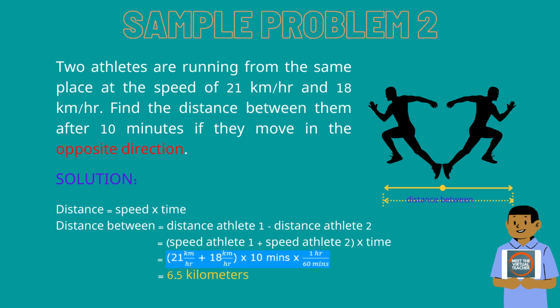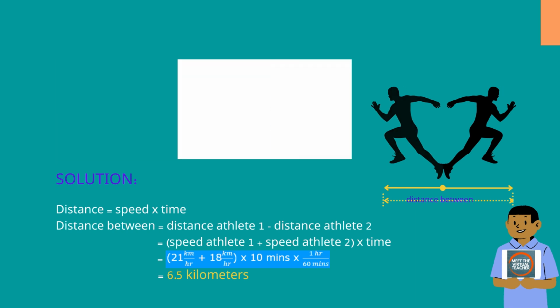So it will be equal to 21 kilometers per hour plus 18 kilometers per hour times 10 minutes times 1 hour over 60 minutes, converting again to hour since our unit is in hour. This will be equal to 6.5 kilometers. Therefore, after 10 minutes, the distance between them is 6.5 kilometers.